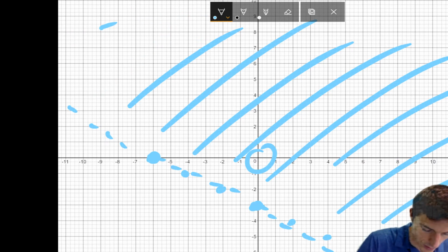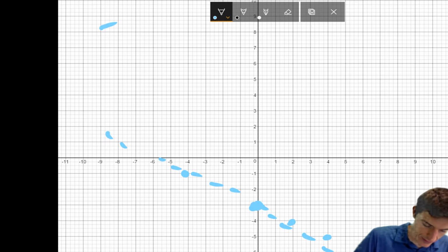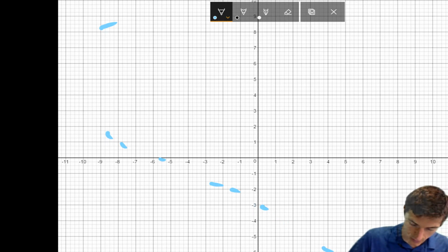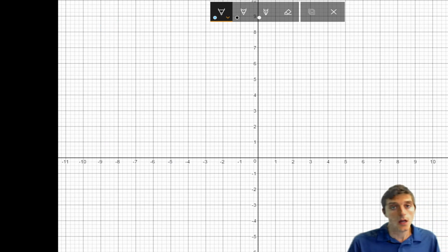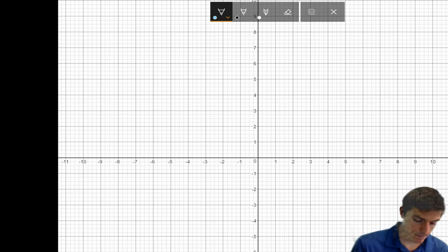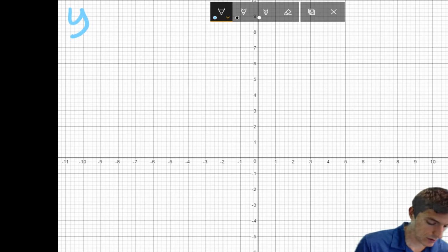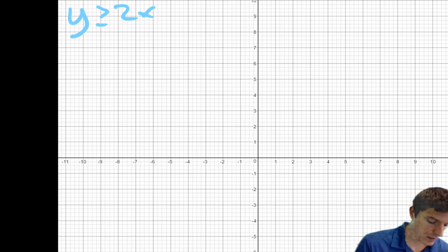Okay. Oh, that's nice. Getting rid of all these dots is frustrating. Get out of there. Okay. So now that we're working with systems of inequalities, I'm going to have two equations, and I'm going to do them one at a time.